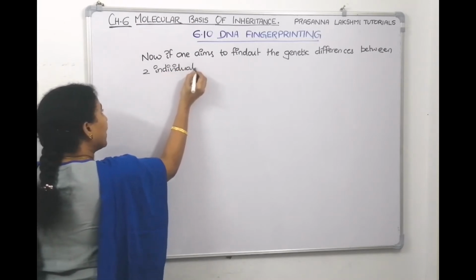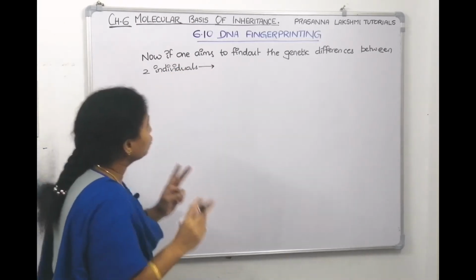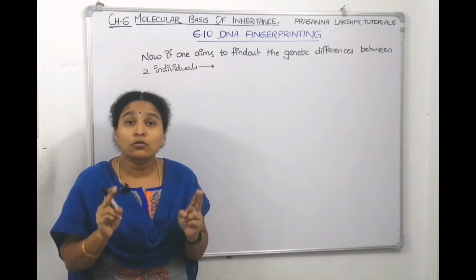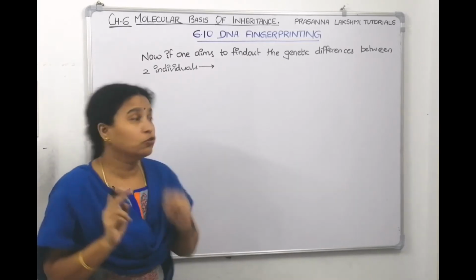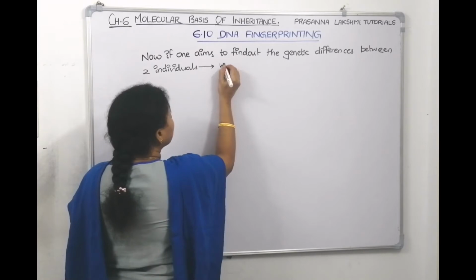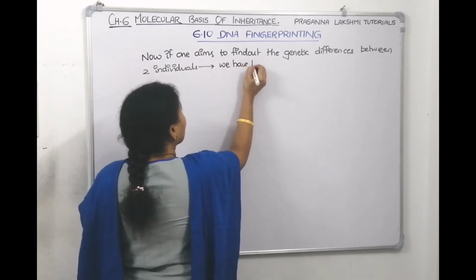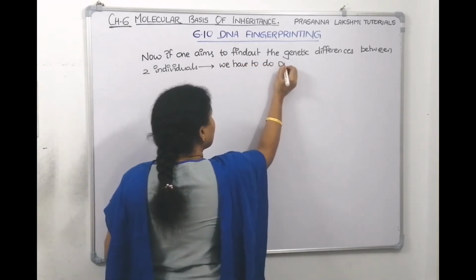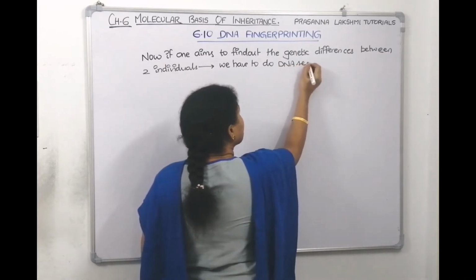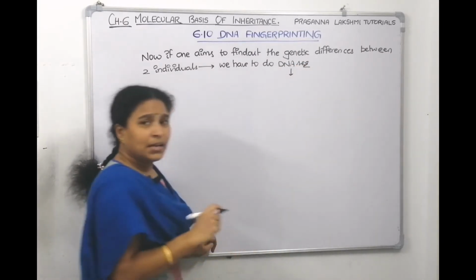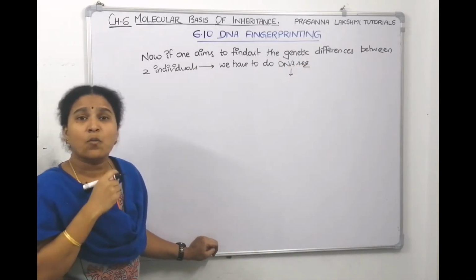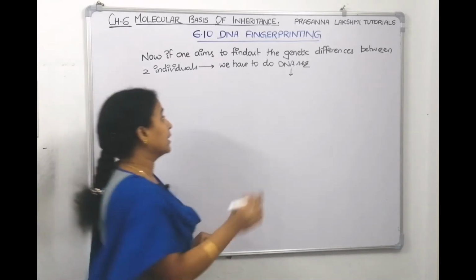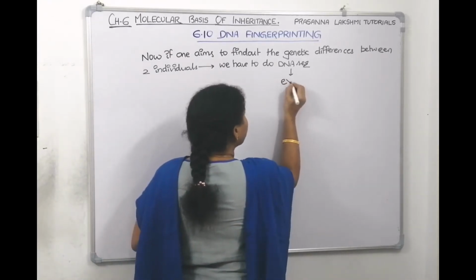If you want to find out the genetic differences between two individuals, you have to do the DNA sequencing of those two persons. Are you thinking DNA sequencing is an easy task? It's a very expensive and daunting task, right?